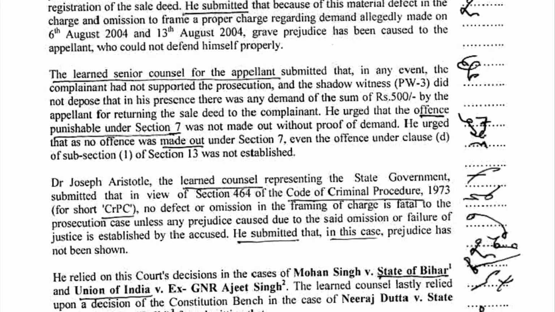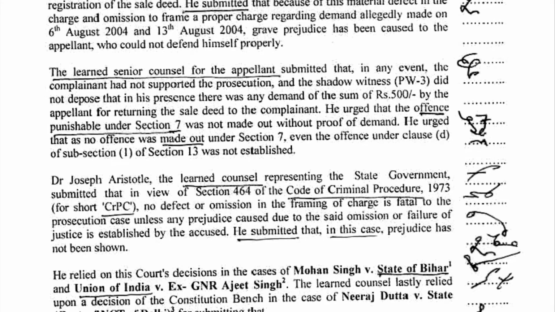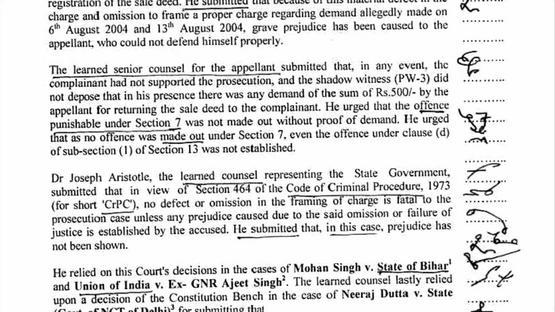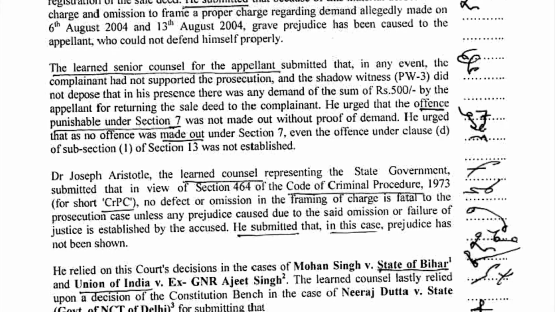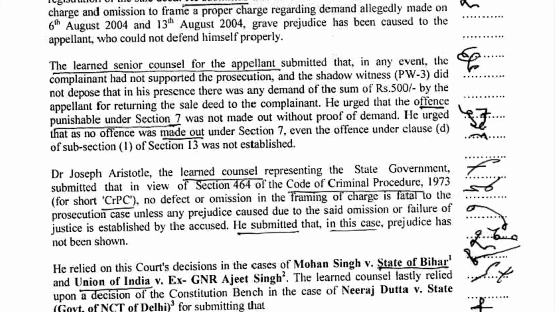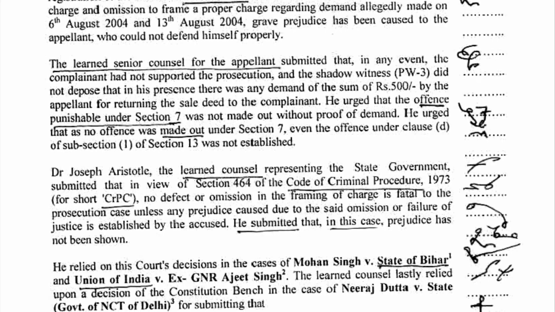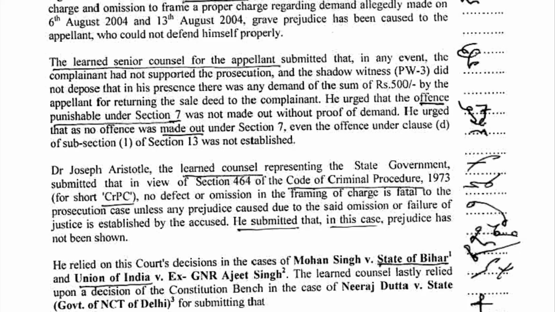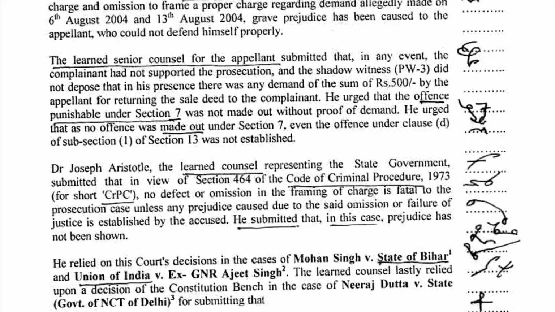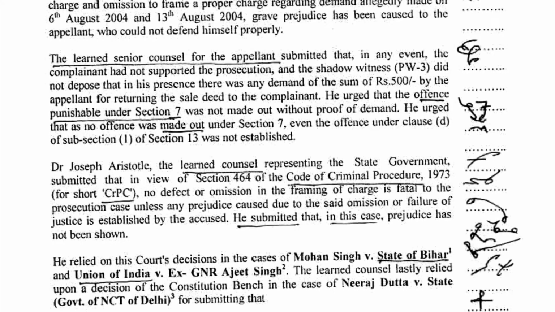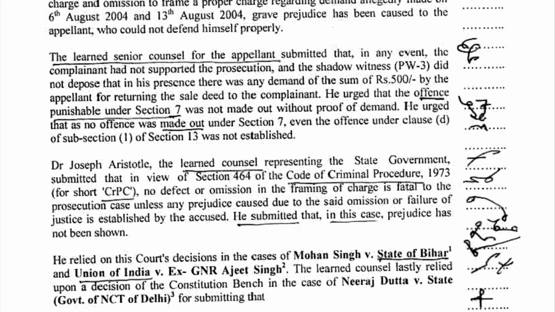He urged that the offence punishable under Section 7 was not made out without proof of demand. He urged that as no offence was made out under Section 7, even the offence under clause (d) of sub-section (1) of Section 13 was not established.